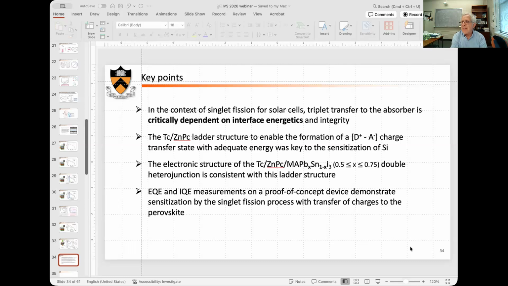I don't have any direct information on how this thing would hold. I know that there's a group in Australia working on another molecule than tetrazine, which gives triplets at about the same energy. So this is something that needs to be looked at.